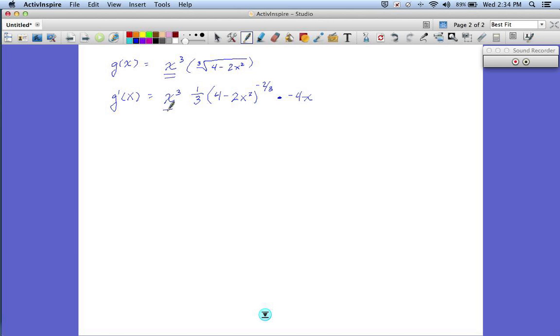So f, g prime, plus g, which I'm going to be consistent, 4 minus 2x squared to the 1/3, times f prime, which is 3x squared.